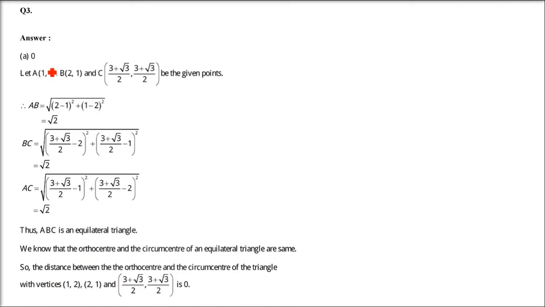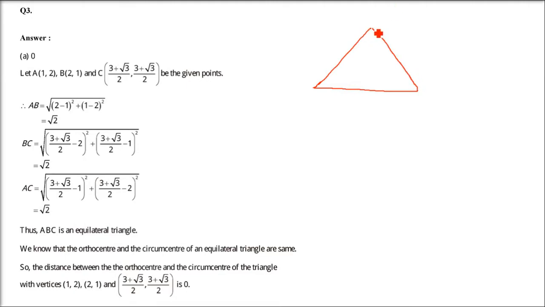Now this one is question number 3. The distance between the orthocenter and the circumcenter of the triangle with vertices, 3 vertices are given. So if you are able to find out the orthocenter and circumcenter, we know what these are by now. Orthocenter is the point where the perpendiculars are intersecting.